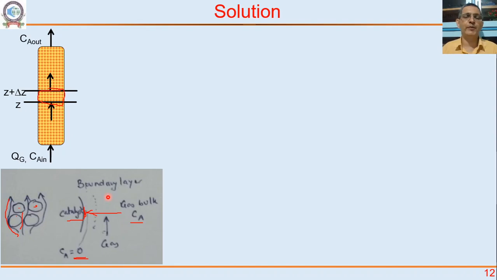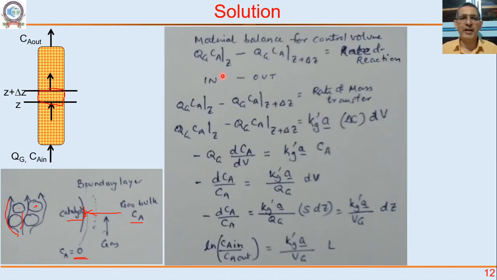Pause the video, solve it for yourself. Here's the solution. Material balance in this control volume: Qg into Ca at Z in, minus out, is equal to the rate of reaction, which is the same as the rate of mass transfer. Same way as last time. ln of Ca in by Ca out is Kg prime A Vg by L, where Vg is the superficial velocity.